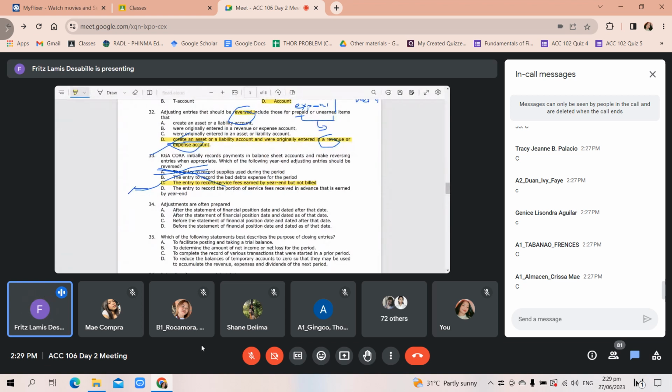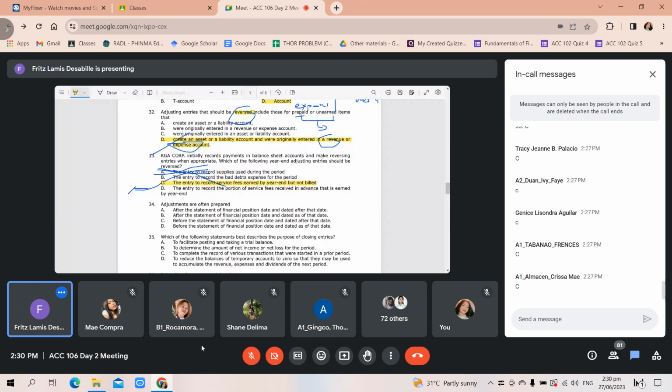Letter A describes a prepaid expense originally recorded using the asset method, which does not qualify for a reversal. Letter B, bad debts are not reversed. Okay na siya, no need for explanation. Letter C, ang gina-describe kay accrued revenue.